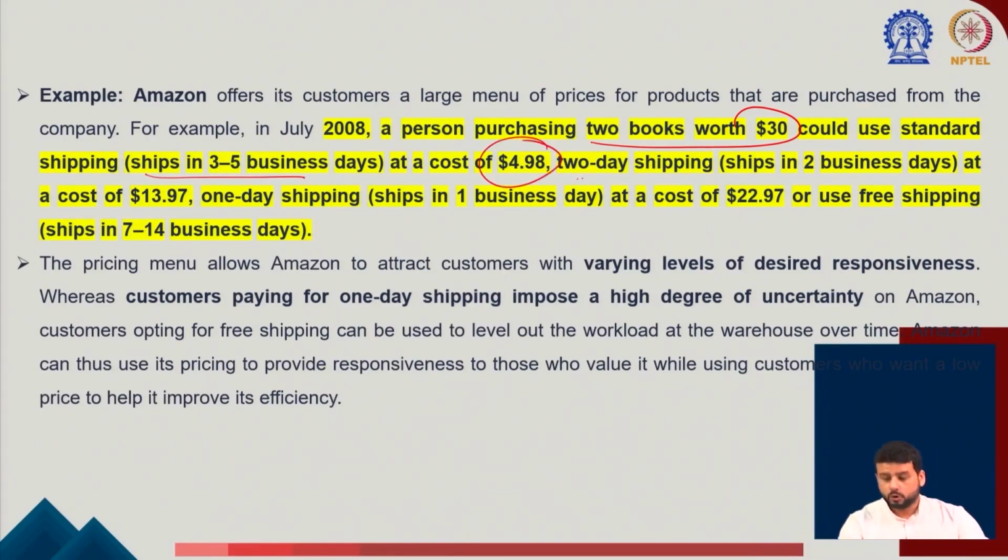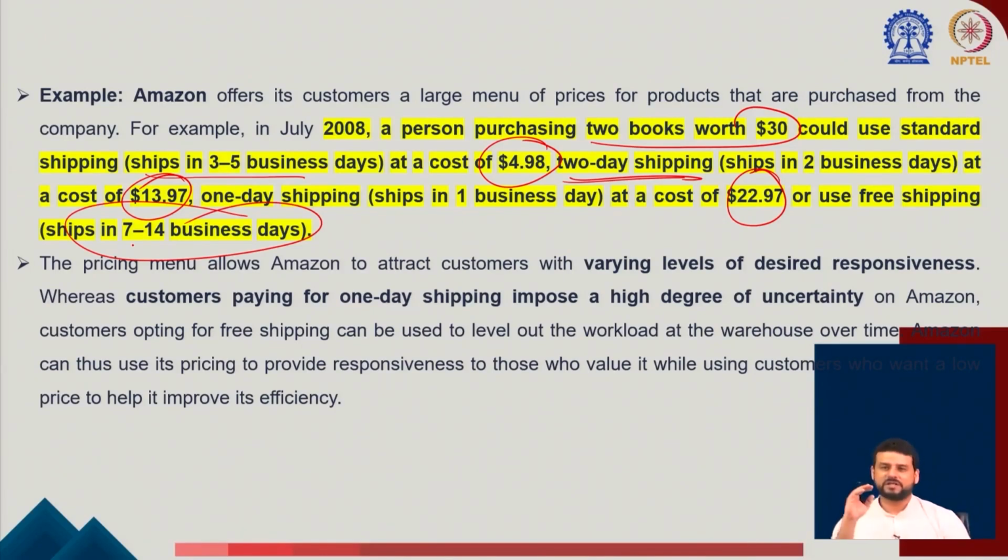If they ask for 2-day shipping, the cost will be $13 or $14. If they ask for 1-day shipping, the cost will be more than $22. If they choose routine delivery, it will be shipped within 15 days, but you get free shipping. So if you want extra, quick services, you need to pay a little higher.